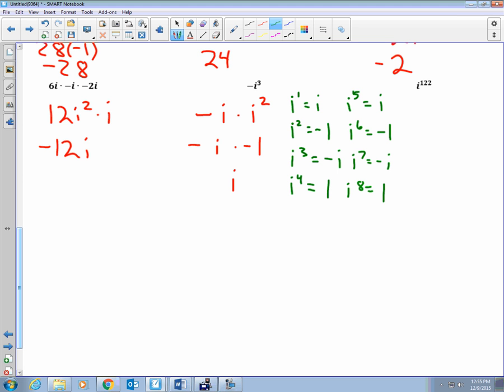What is a number close to 122 that's divisible by 4? 120. So that means that i to the 120th power is equal to 1. So i to the 121st is i, and i to the 122nd is -1.